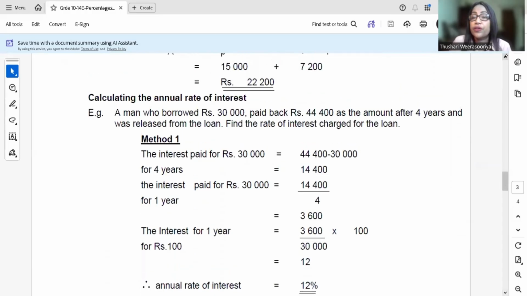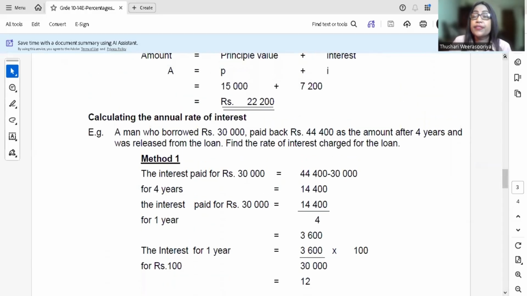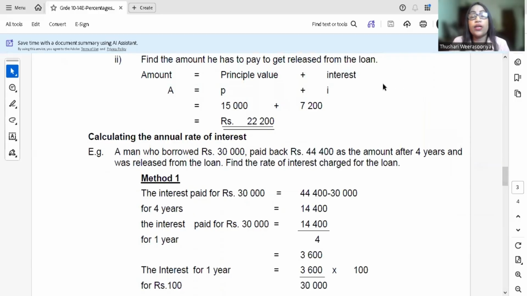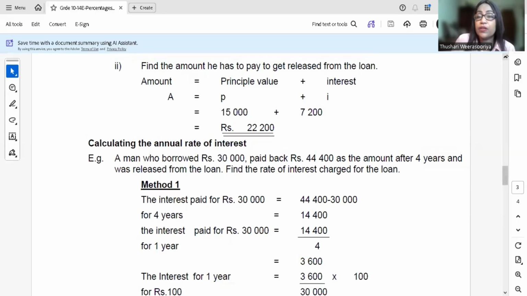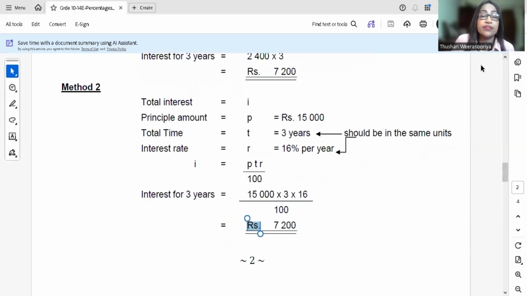The principal amount is 15,000. There you will find the total amount. The principal amount plus the interest, that is 22,200. Okay. We'll go to the easy method. Actually, there is a formula called I equals PTR over 100.